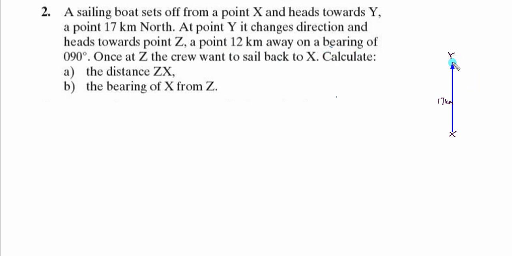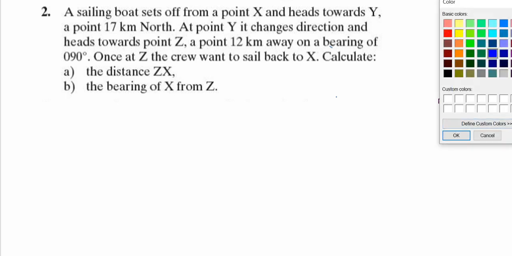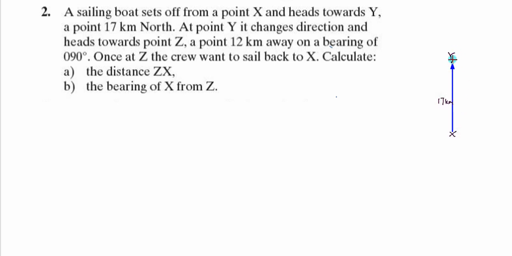Now, at this point Y, to talk about the bearing, let's change the color. So at this point where the boat is at point Y, let's define the bearing. This is north. A bearing of 90 degrees means from here you count 90 degrees.